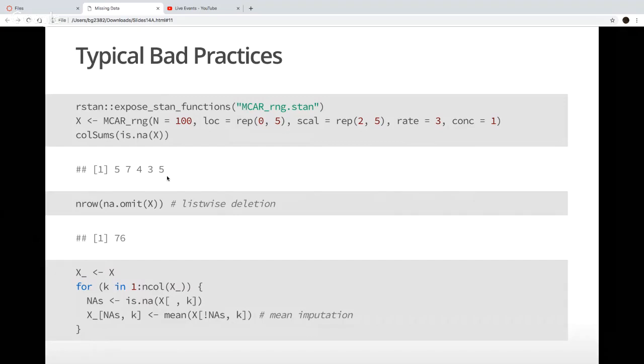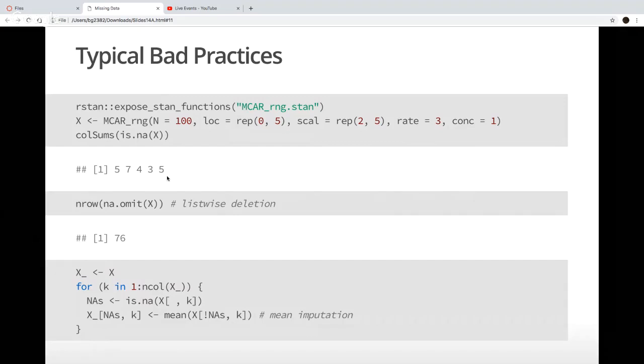But under the missing completely at random assumption, if I just use these 76 observations in my regression or whatever, the coefficients and other estimates would be unbiased, or the estimator is unbiased. But it is going to have more variability in the sampling distribution of the point estimates across data sets due to the missingness, compared to the hypothetical situation in which there were no missingness.